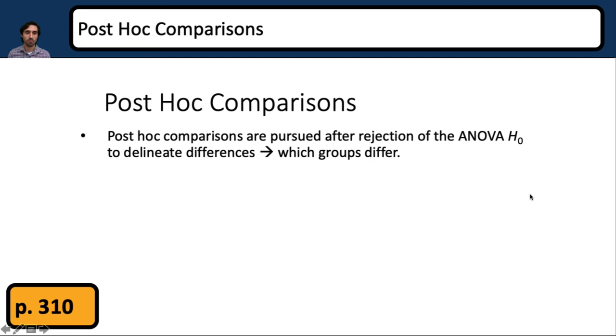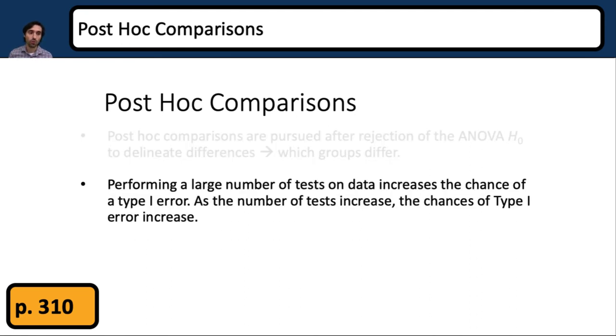This looks at the comparisons pursued after the rejection of the ANOVA. So we just rejected the ANOVA null hypothesis, but which of the groups differ out of this? When performing large numbers of tests, the chance of a type 1 error increases as the number of tests increases.